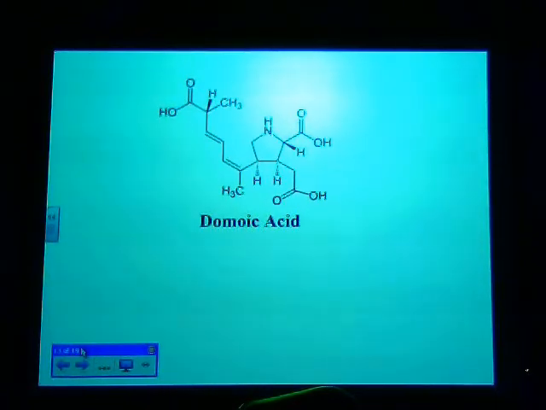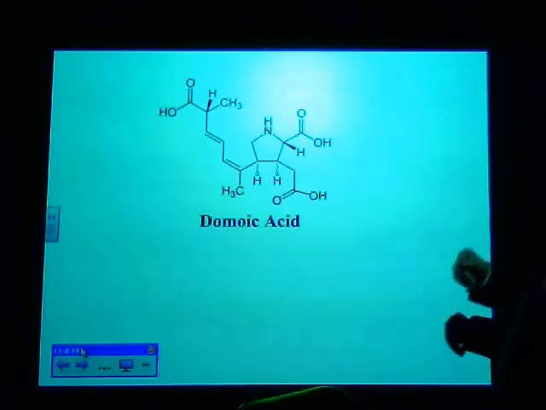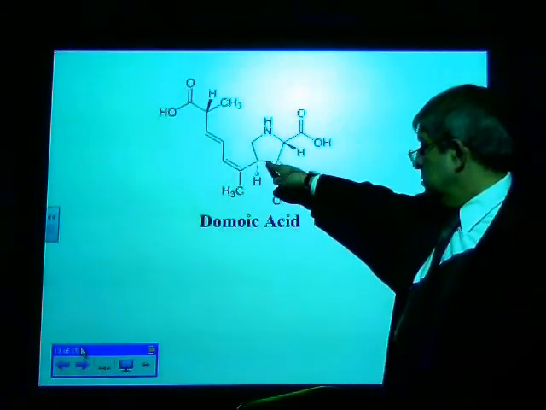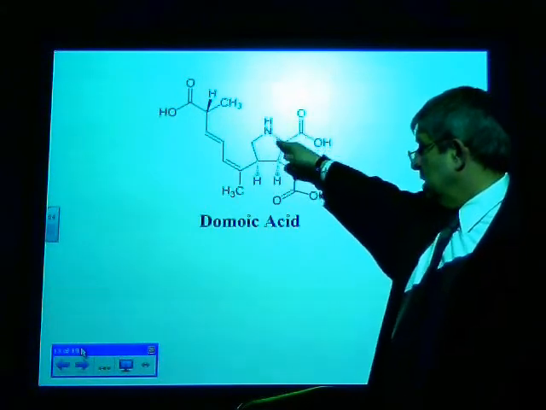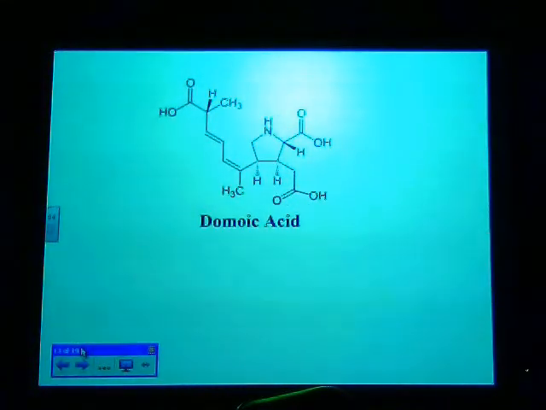This is referred to as amnesic shellfish poisoning. And this particular compound, domoic acid, has a 5-membered ring with a nitrogen. This is called a pyrrolidine, and compounds of that type frequently have toxicity.